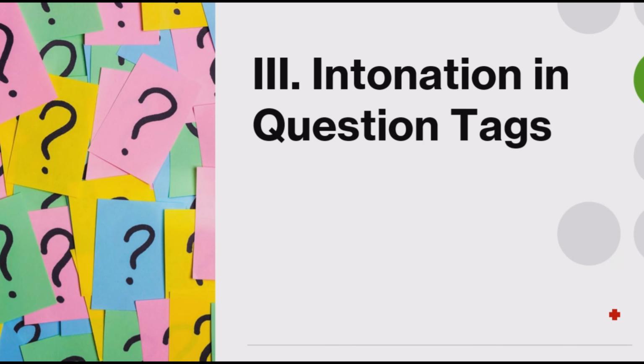Then the third case of using question tags, we use intonation in question tags. So when you are talking about intonation, what are we talking about? Intonation refers to the rise and fall of the pitch of a person's voice while speaking.